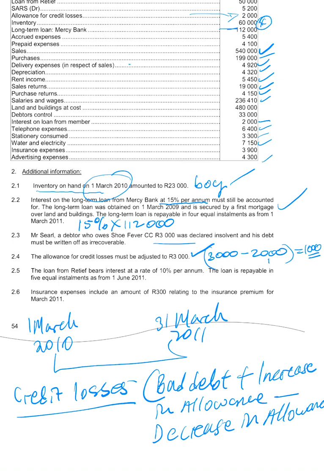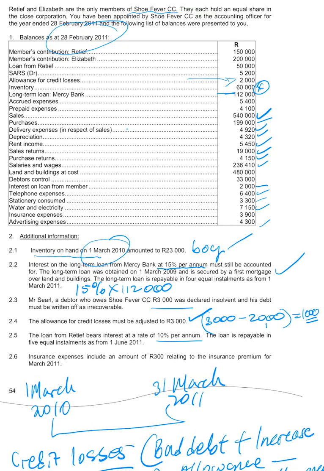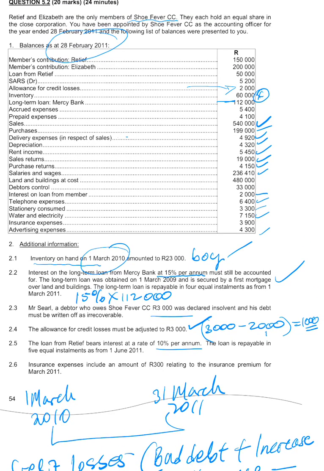Right, then we come to 2.5. The loan from Retif pays interest at a rate of 10% per annum. Retif is a member. So loan from Retif is an expense for the entity, which is interest on loan from members. Yes, loan from Retif, it's 50,000 there.